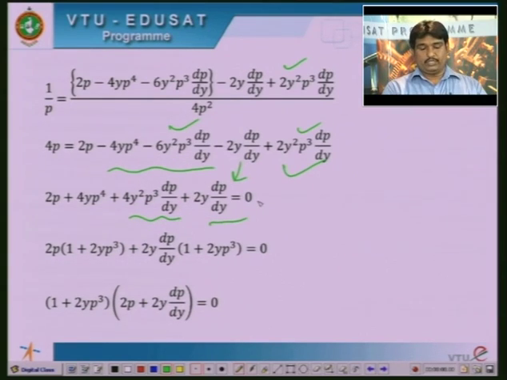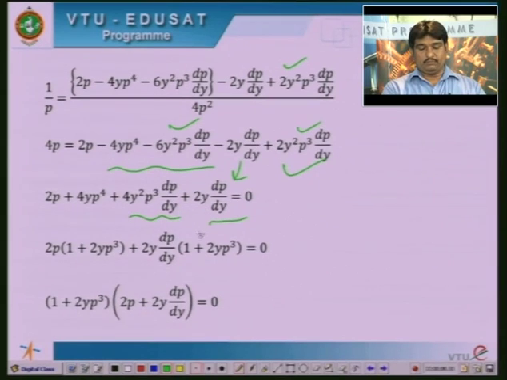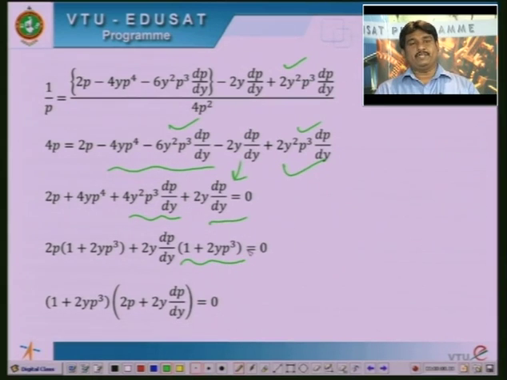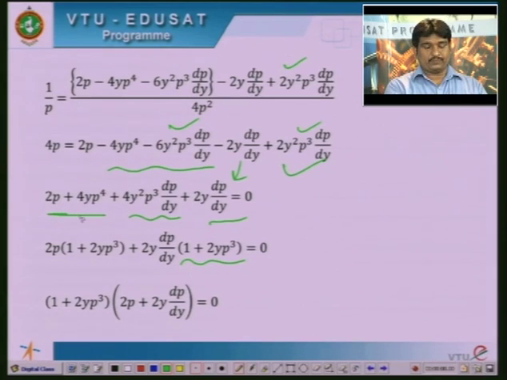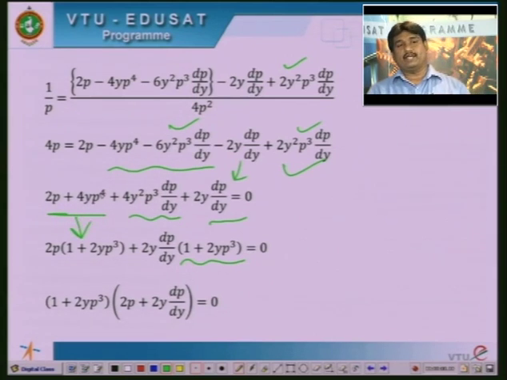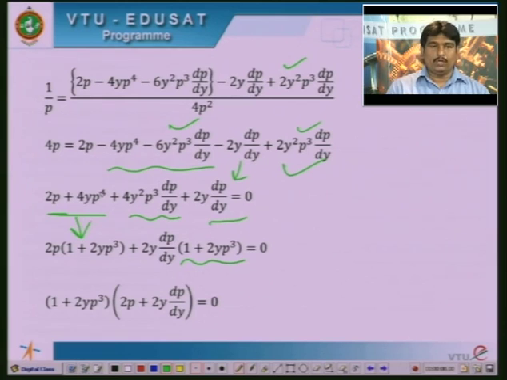From the last two terms, the third and fourth term, 2y into dp by dy is common: 2y into dp by dy into 1 plus 2y p cube, and this 2p plus 4y p to the power of 4 can be written as 2p times 1 plus 2y p cube. Now take 1 plus 2y p cube common to get this: 1 plus 2y p cube into 2p plus 2y into dp by dy equals 0.